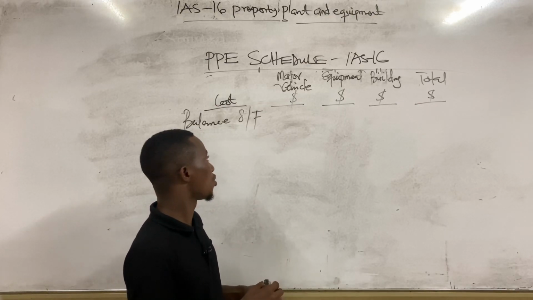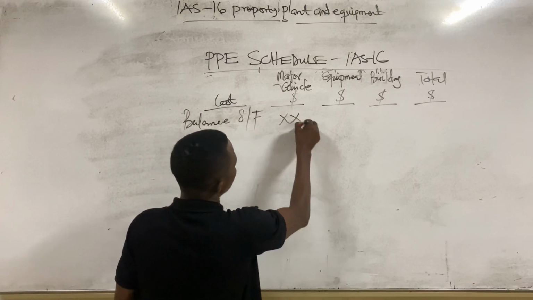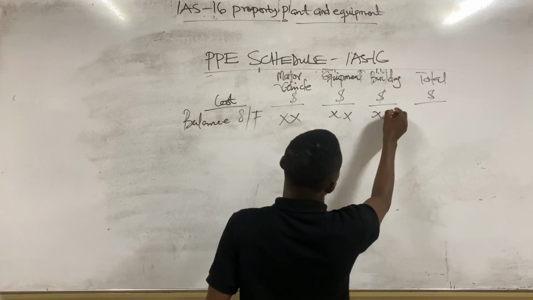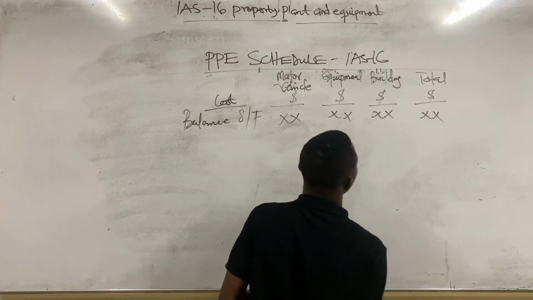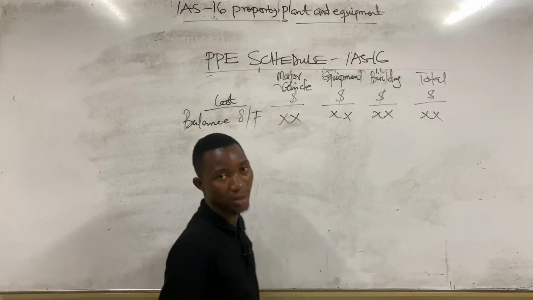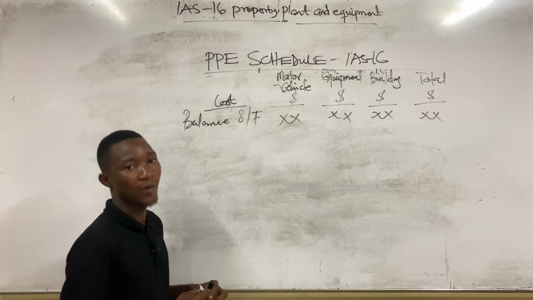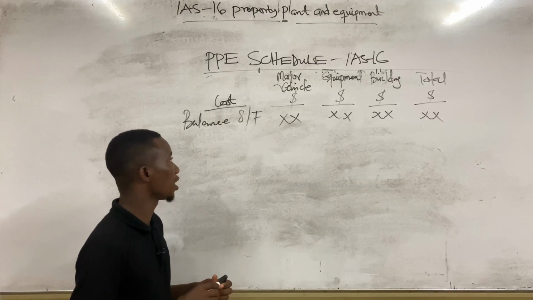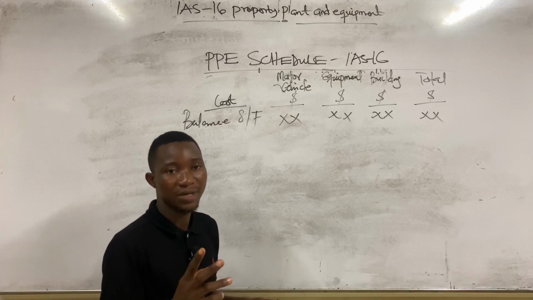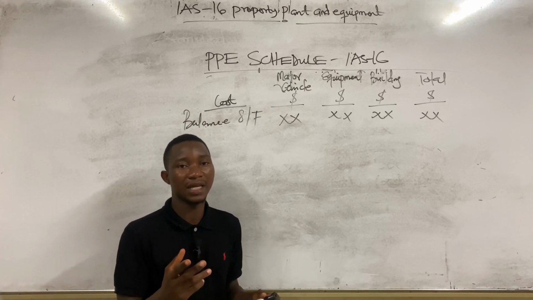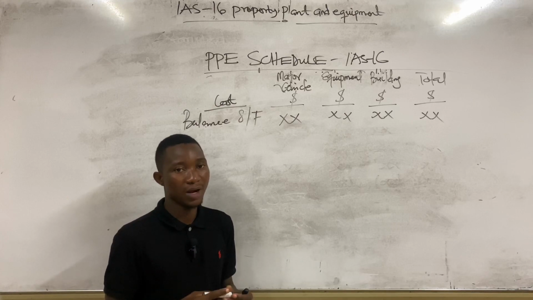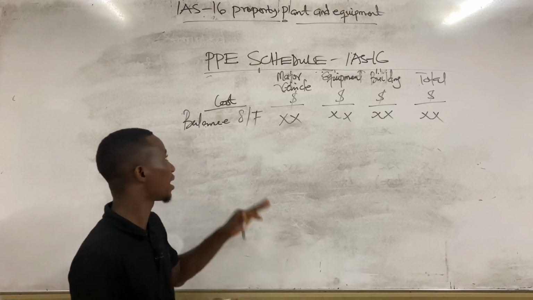So in the trial balance, the cost of the asset becomes the balance brought forward. Then you bring the total as well. After the balance brought forward, we have three things to consider: if there is any addition, if there is any disposal, and if there is any revaluation. These are the three things we consider under the cost.